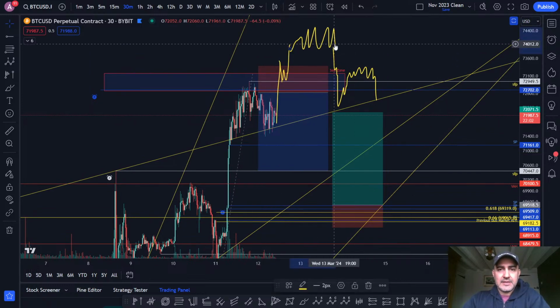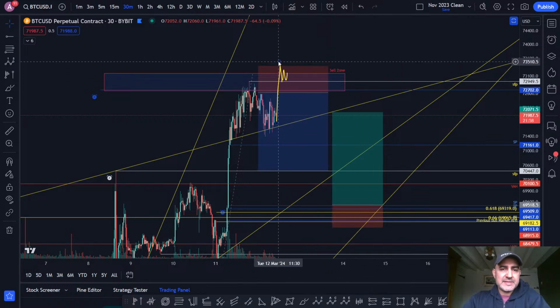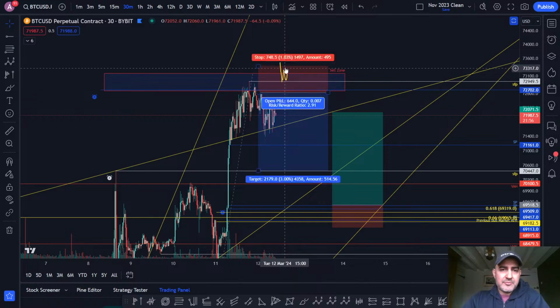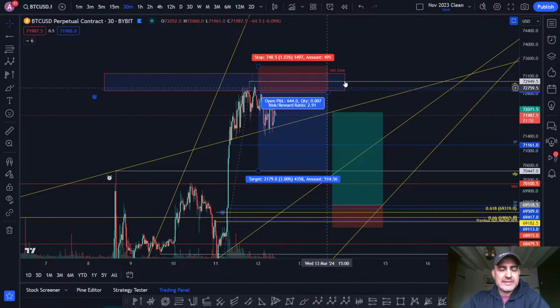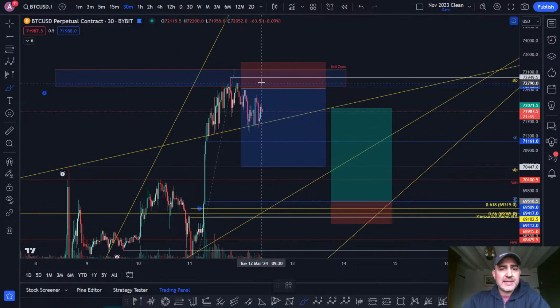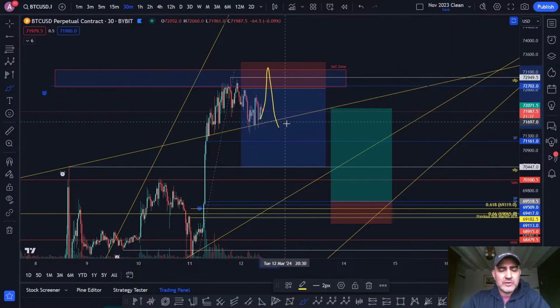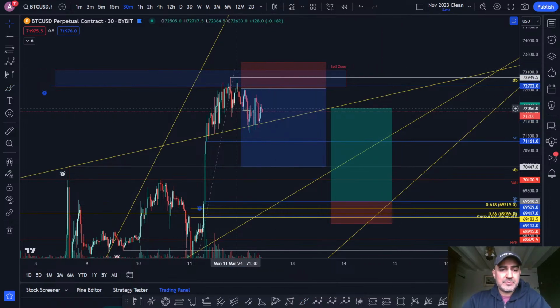I'm just saying that if we do get some kind of squeeze from this neckline, and the price does kind of range a little bit above the previous high and doesn't swing failure down, then you could be forming something else, like some kind of head and shoulders, or the price will just go up and down, and you'll get a swing failure, and then the price will go down. There are certain things that can happen from this position.